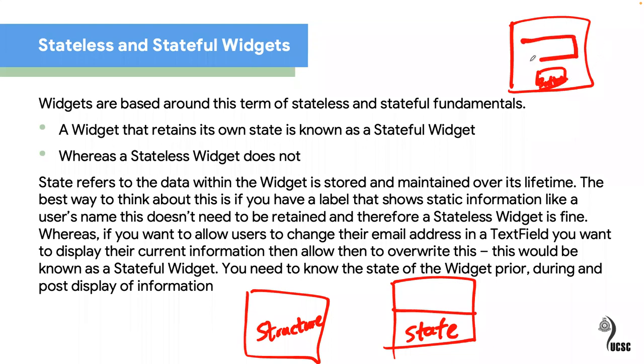But if you have some kind of a label in here, let's say text, by clicking on this button you cannot change the text in the text widget if this is a stateless widget. Stateless widget means it doesn't support any dynamic stuff, right? So you can have an action for the button, but you can't make any changes in the UI.